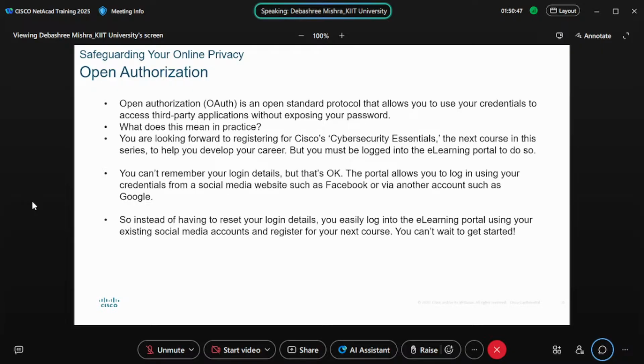You cannot remember your login details, so the portal will allow you to log in using your social media accounts, like Facebook, or any other Google account. Instead of your separate login details, you can easily get into the e-learning portal this way, so it does not need your password. You can log in another way.